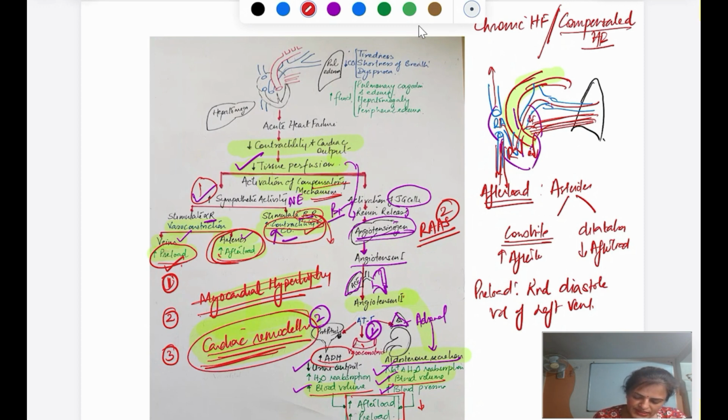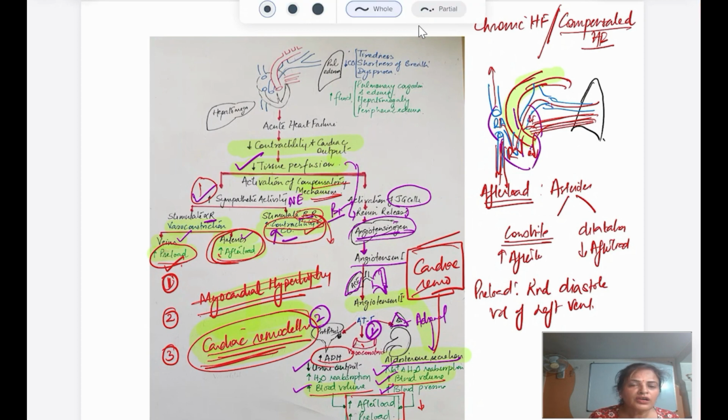So this angiotensin and aldosterone, few books they write angiotensin 2 and few they write aldosterone. So both they are responsible for the cardiac remodeling, and this cardiac remodeling ultimately is going to weaken the heart.